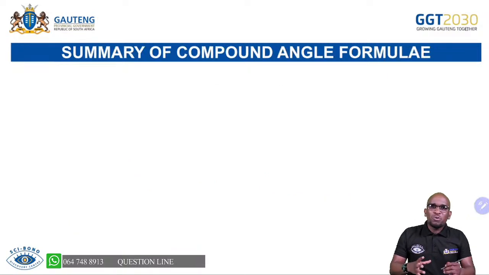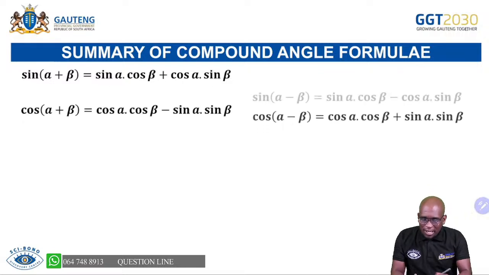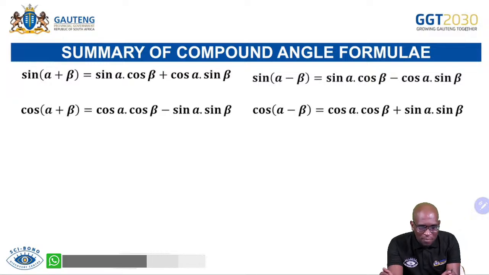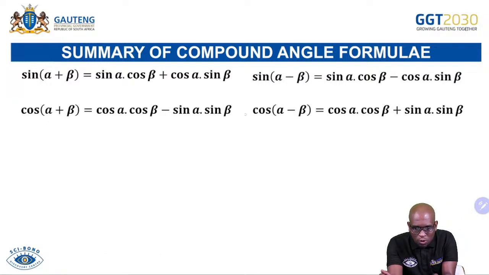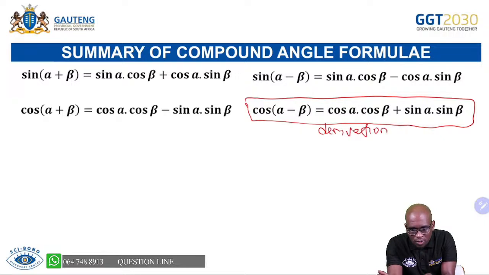Now we are going to look at the summary of the compound angle formulae as they appear in the formula sheet. These are the four formulas that we proved. Remember, this one came from what? From the derivation. And we said it's not examinable.